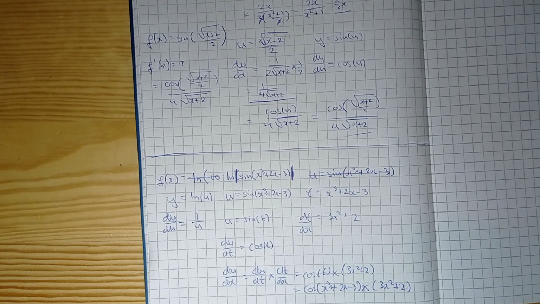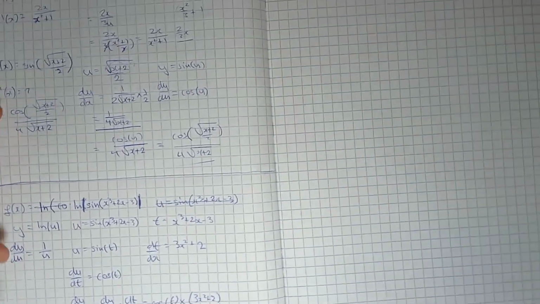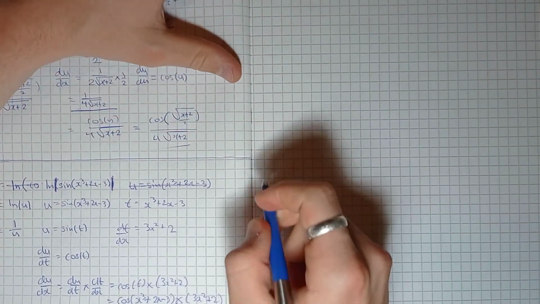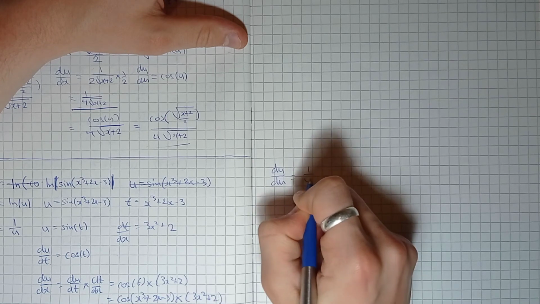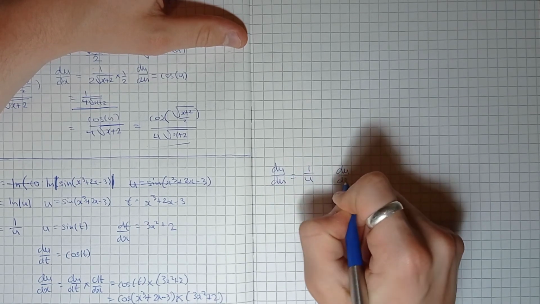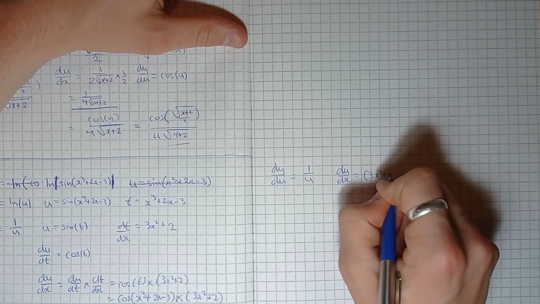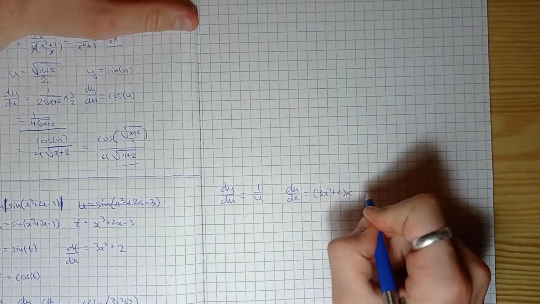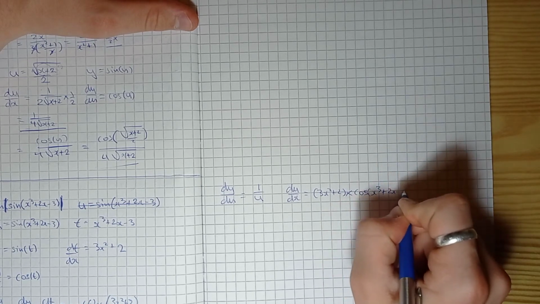Now we have du/dx and dy/du, and what we need to do is multiply them together. This hasn't worked out too nicely, but I'm just going to do it over here. dy/du equals 1 over u. du/dx equals this whole mess of 3x squared plus 2 times cosine of x cubed plus 2x minus 3.